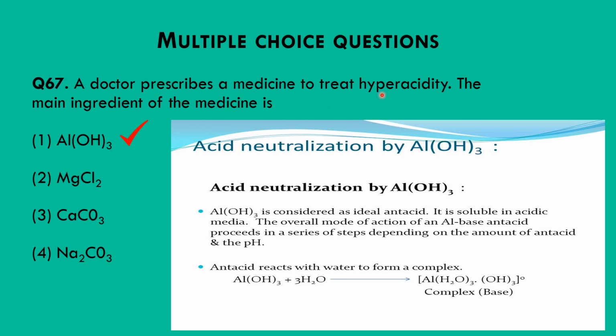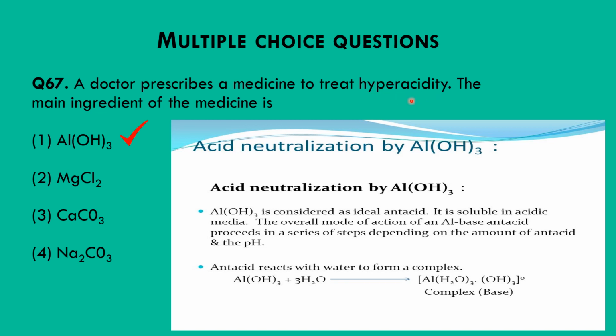First, what is meant by hyperacidity? Hyperacidity is nothing but an imbalance in the acid secreting mechanism of the stomach. As you already know, the stomach secretes hydrochloric acid to some extent. If the secretion of hydrochloric acid exceeds, if it secretes more, that condition we call hyperacidity.